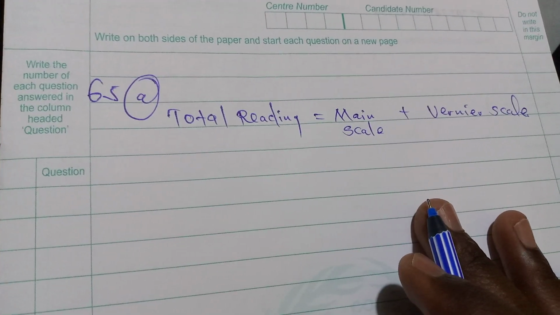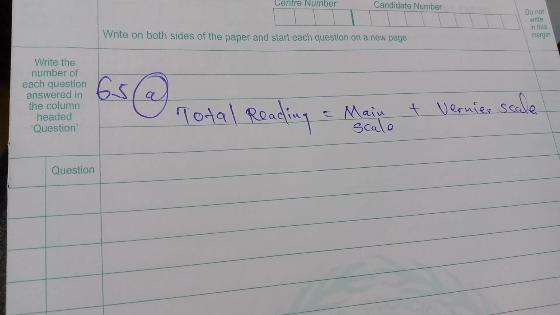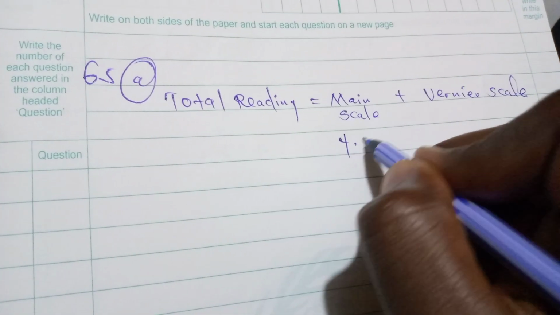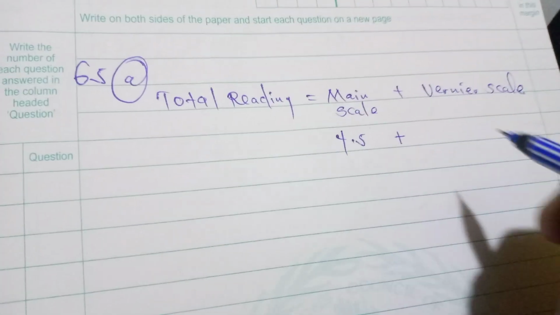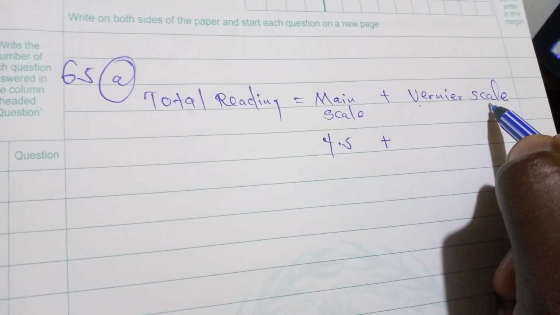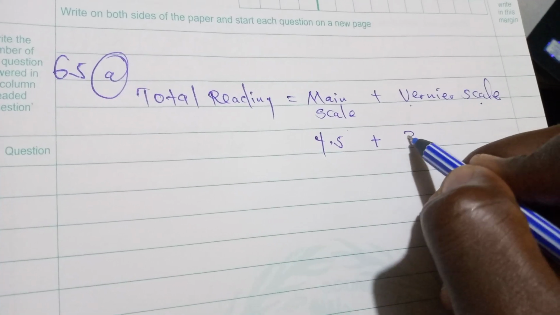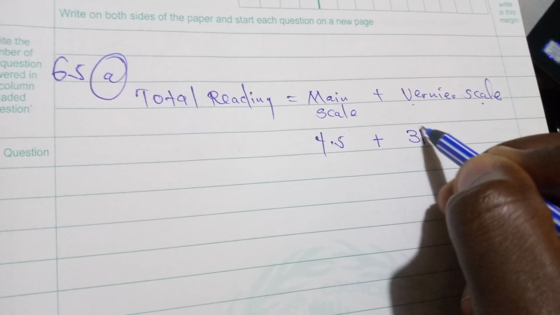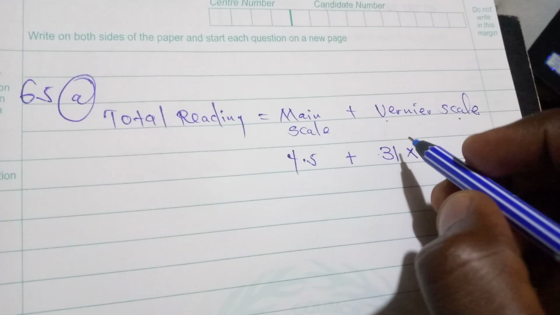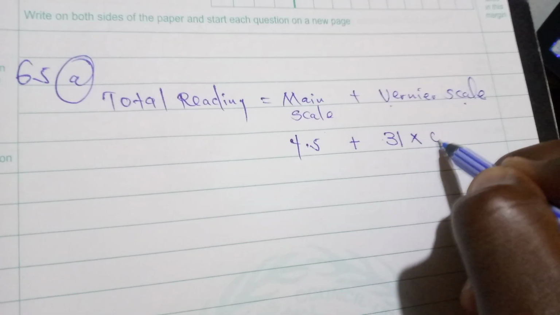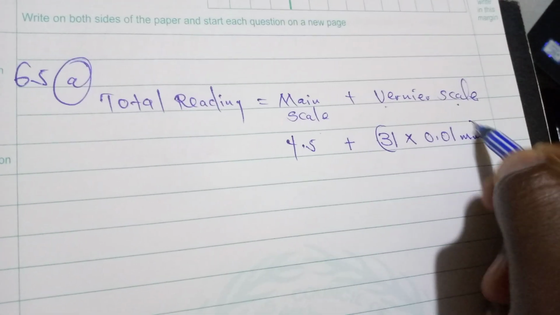So from there, like I told you, we calculated our main scale figure to be 4.5, and this same figure should be added with the vernier scale. Now the value that was coinciding exactly was 31. Now this 31 that we obtained should be multiplied with the accuracy number, which is 0.01 millimeters.